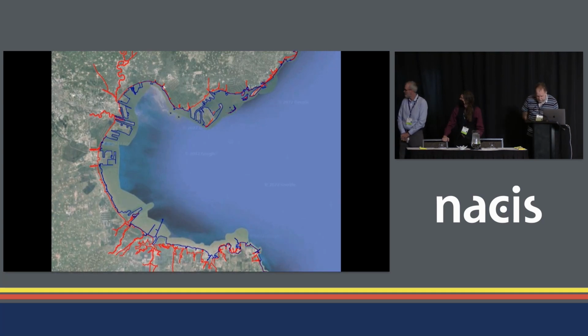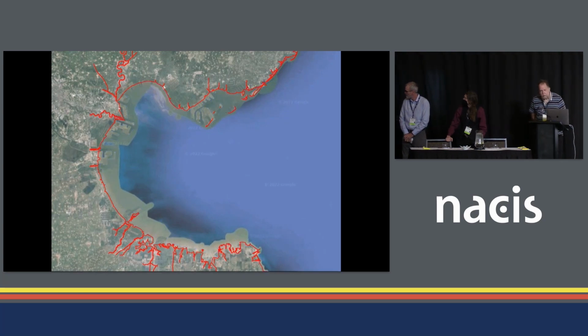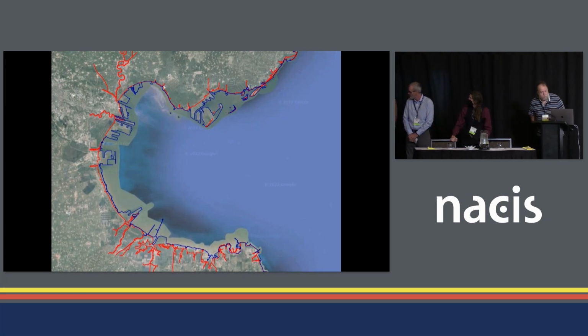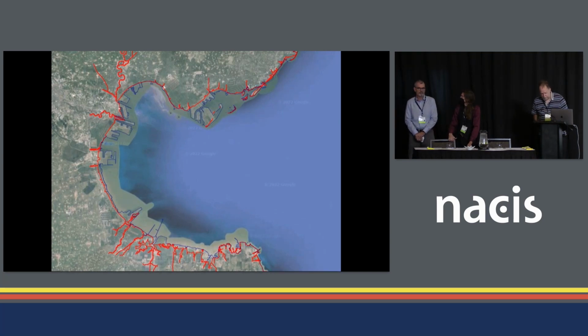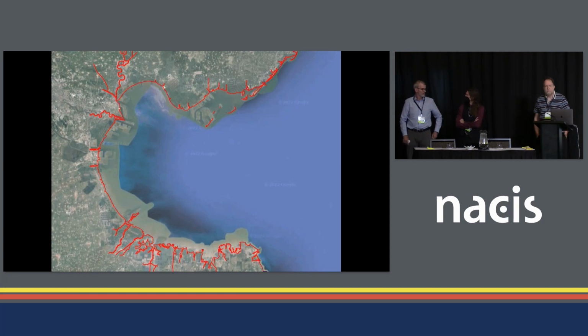And the current updated data in blue reflects both the low water, you can see a little bit of an area in the southwest where there's a difference, and the vast construction works for aquaculture and shipping platforms shown here. This is probably the most dramatic place on Earth, but all over the world, particularly in Asia, but really everywhere, there's been this enormous change because of aquaculture and because of building large shipping pier platforms.